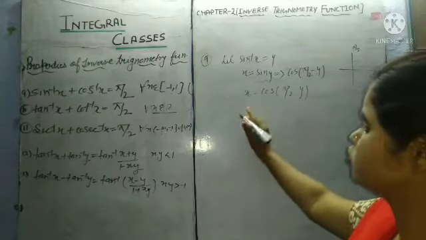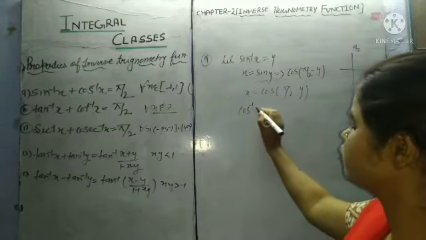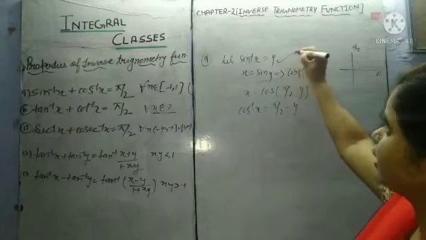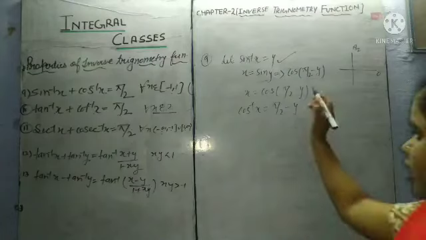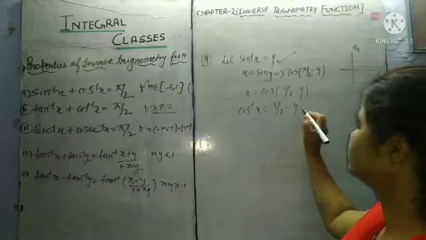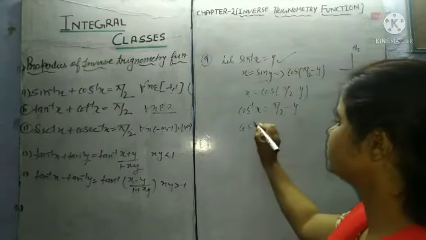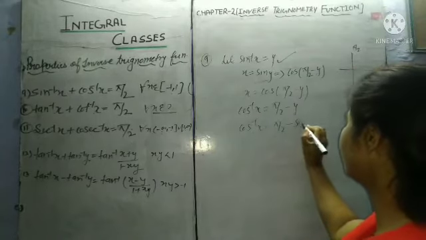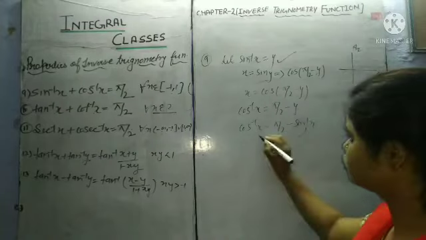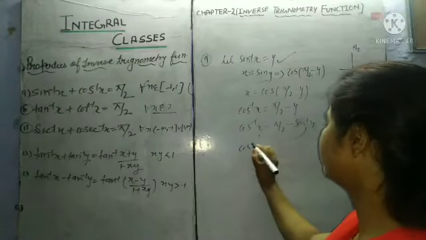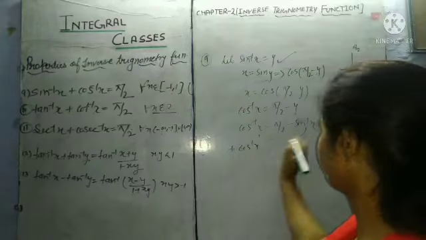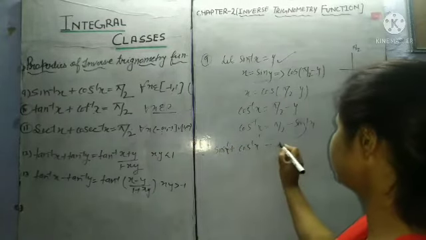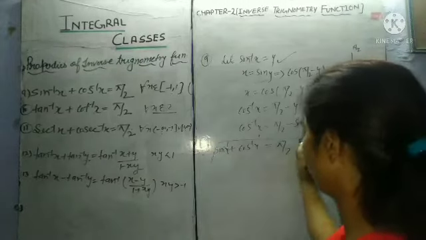Now cos goes to the other side, it becomes cos inverse x equal to pi by 2 minus y, and we let y equal sin inverse x. So cos inverse x equals pi by 2 minus sin inverse x. It goes to the other side, then sin inverse x plus cos inverse x equals pi by 2. Hence proved.